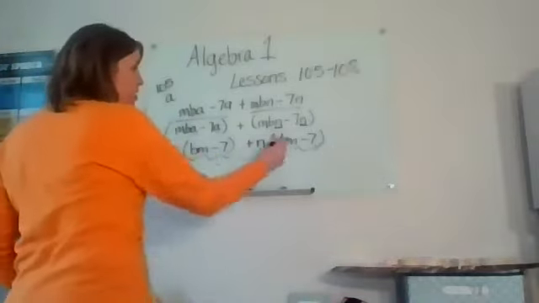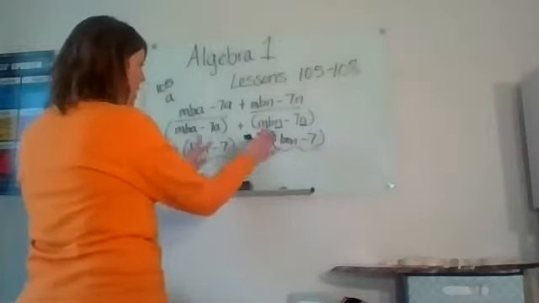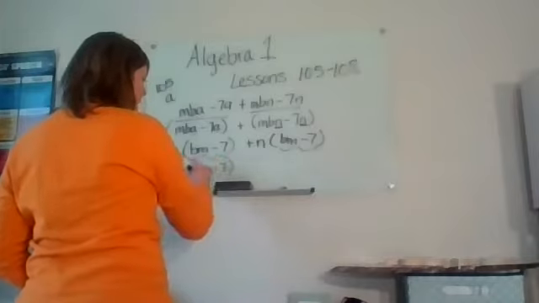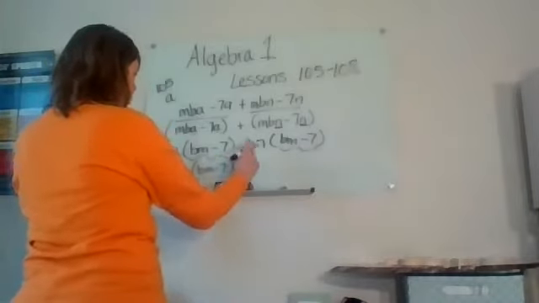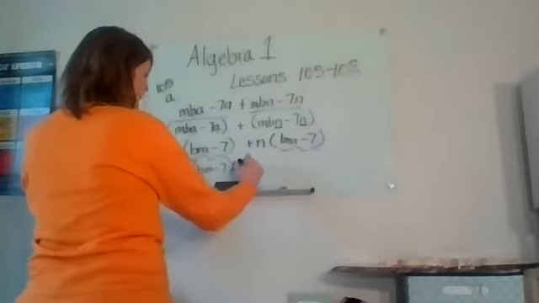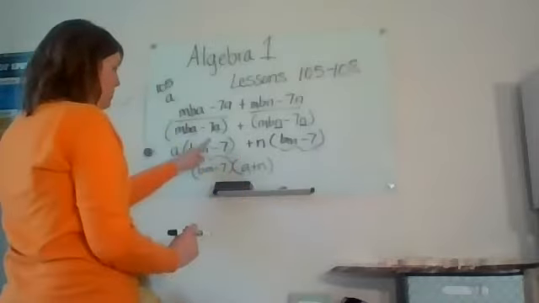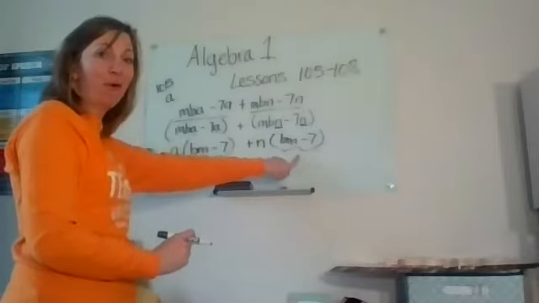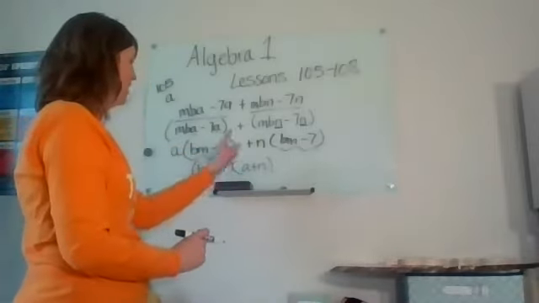Because since these 2 are in common and they're being multiplied by these, I'm just going to take out BM minus 7. And then I'm going to make a new grouping of what's left, A plus N. If A is being multiplied to this and N is being multiplied to this, that's just how foiling works, doesn't it? First, outer, inner, and last.